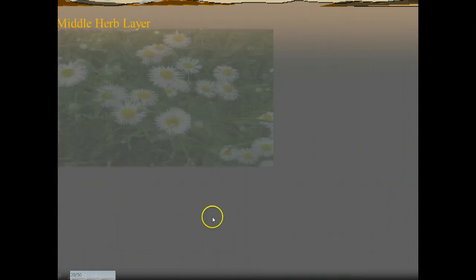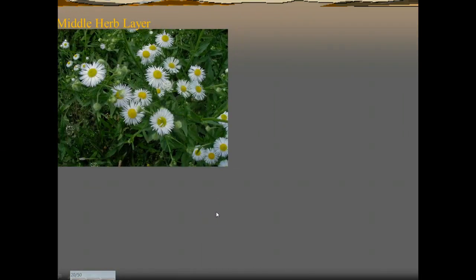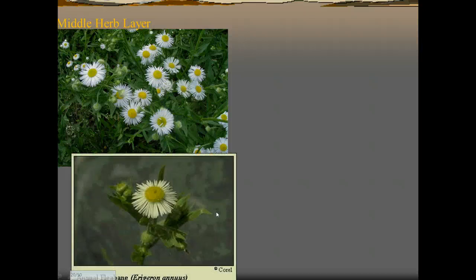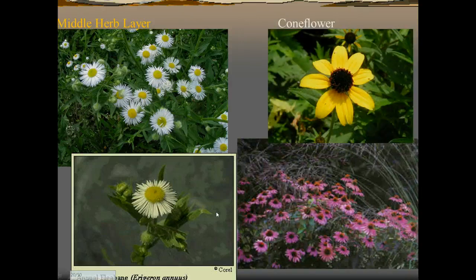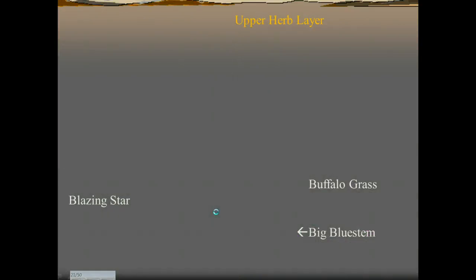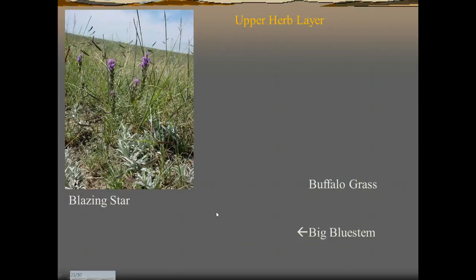Okay, let's look at that middle layer. And remember, now we're working our way back up. So you remember we said, and I told you not to take notes on this, but the herb layer itself is divided into sections. You're going to see some plants that are a little bit taller. Okay, I think that makes some sense to you. And then when we get into the next layer, the upper herb layer, of course, you're going to see things that are even taller yet.